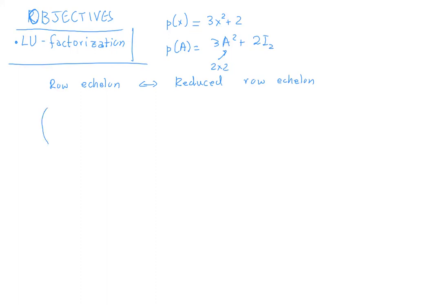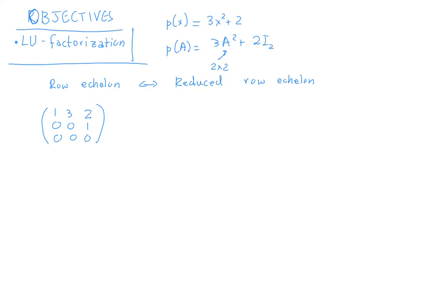So when I say row echelon form, I expect something like this. So this is row echelon, right? Why isn't it reduced row echelon? Can anybody tell me?